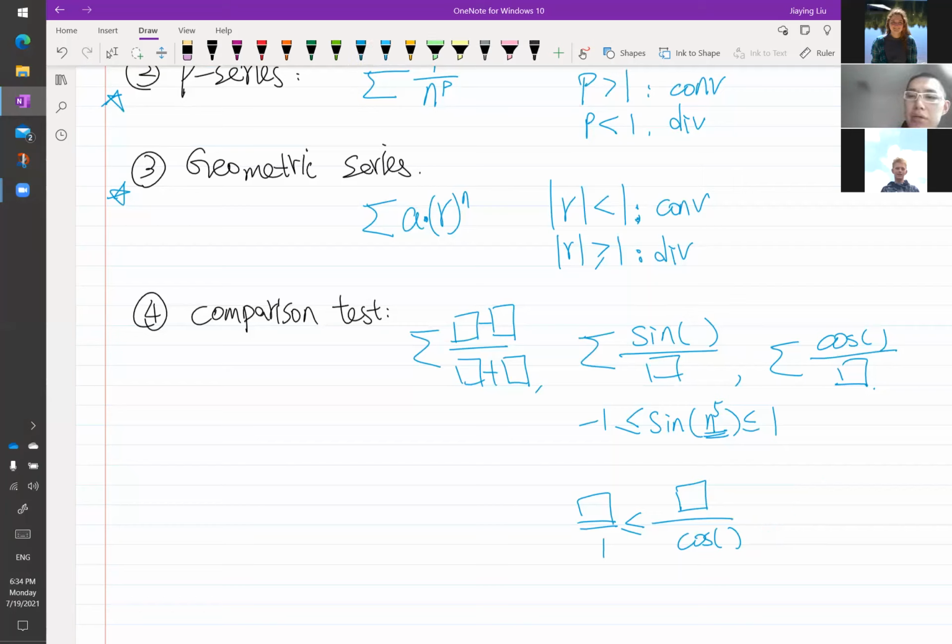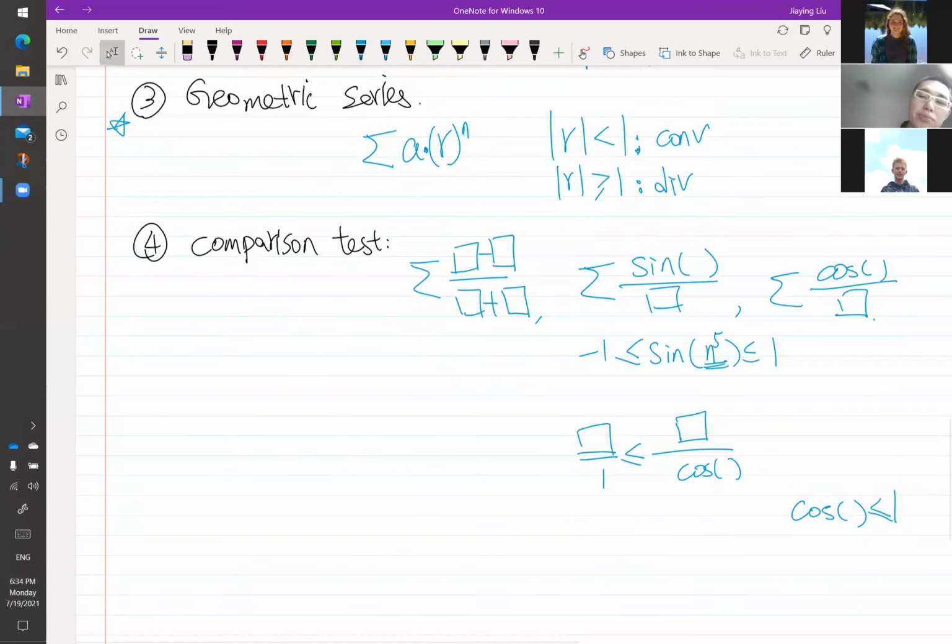So let me take it back. If you have cosine, you've got to be very careful in the denominator. Even though we know that cosine is less than or equal to 1, once you put it in the denominator it's more complicated because you get a negative sign somewhere.